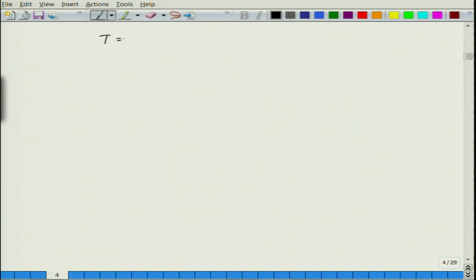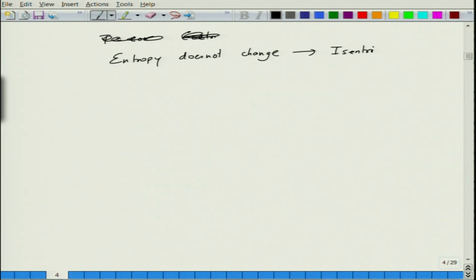So, since T is constant, you can say that the entropy does not change, which means the process is called an isentropic process. The entropy remains constant.